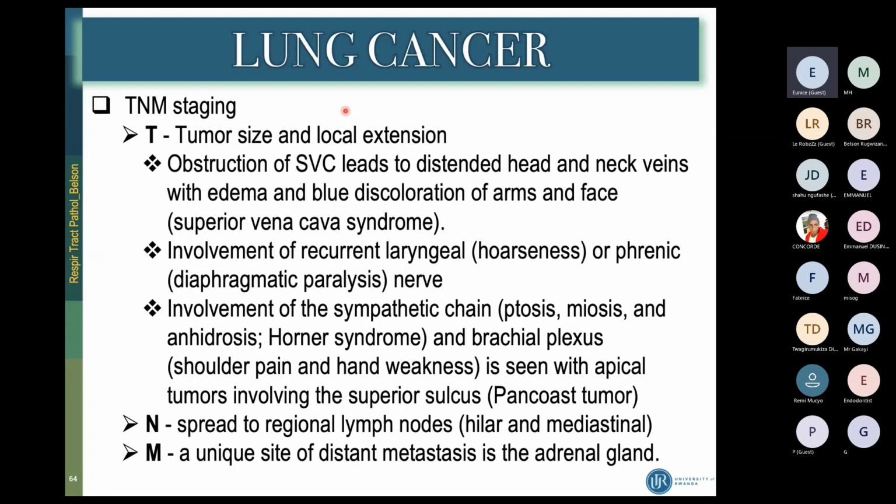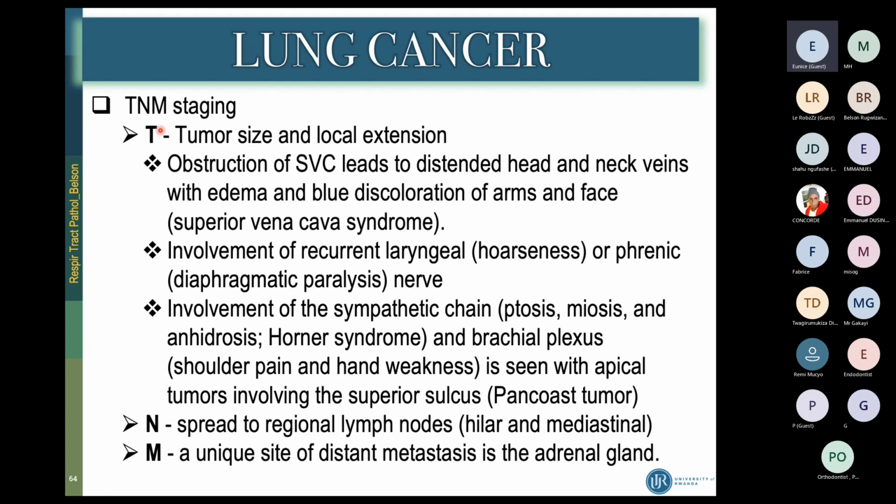So how do you stage it? As any other cancer, the staging, the higher stage means worse prognosis. And mwarabonye muri neoplasia general pathology. So the staging we use is TNM. T refers to the tumor bareba inganite yafasha hagera kuva he kugera he. N refers to nodes or lymph nodes.